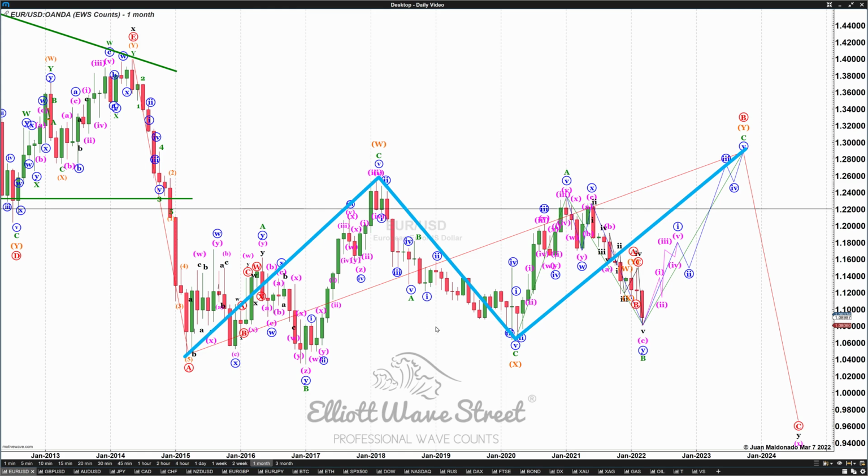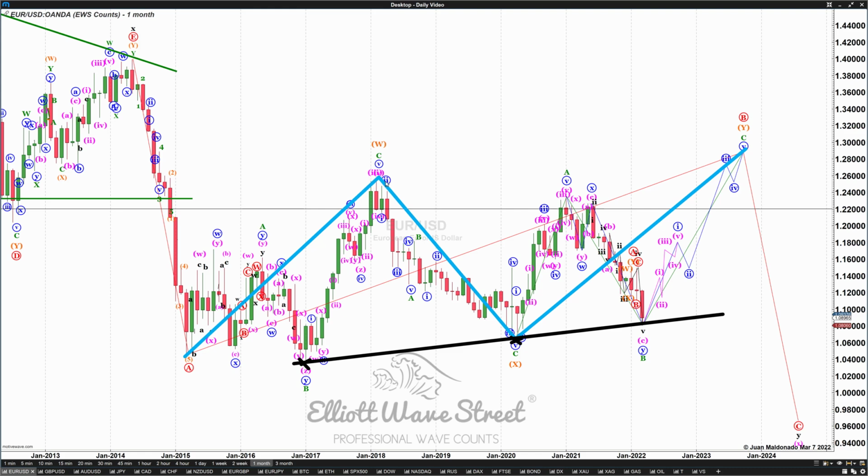So it seems that the market, if we connect this low with this low, we are going to get a trend line that the market is testing today. And that's really important, because if it successfully bounces from there, we are going up, and there is something new.